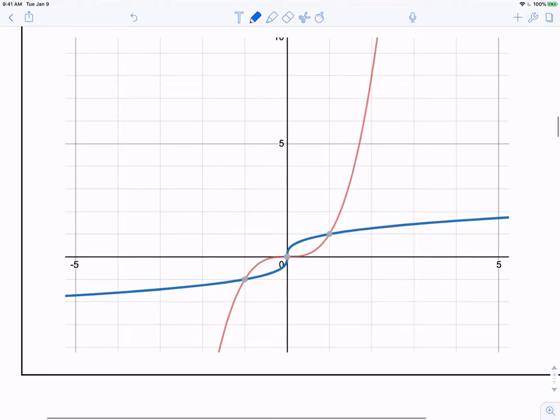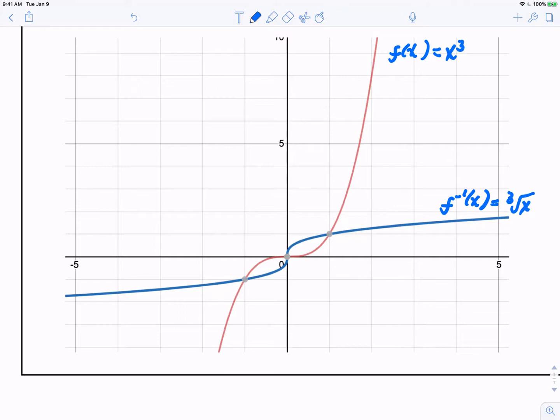One thing that we haven't talked about is the relationship between a function and its inverse. This is the function from the previous slide. This is the graph of f of x equal to x cubed, and this is the graph of f inverse of x, which is the cube root of x.